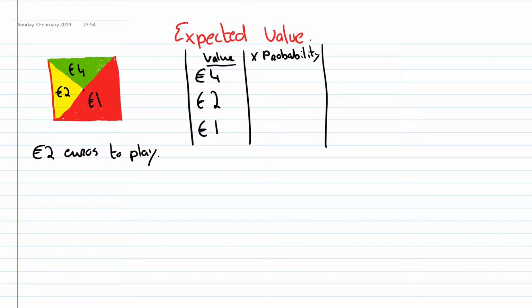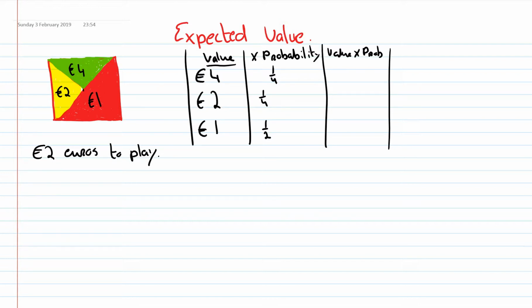So the probability of getting €4, which is the green, is a quarter. Probability of getting €2, the yellow, it's also a quarter. And the probability of getting €1 is a half. And over here then I'm going to look at the value multiplied by the probability.